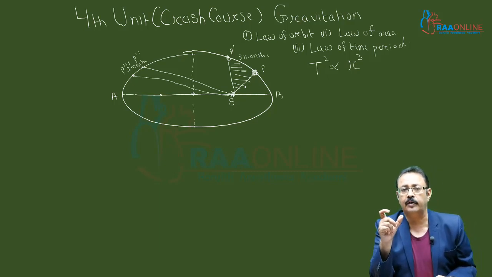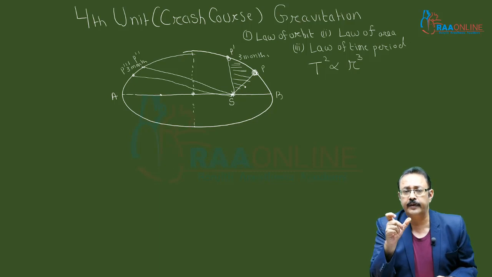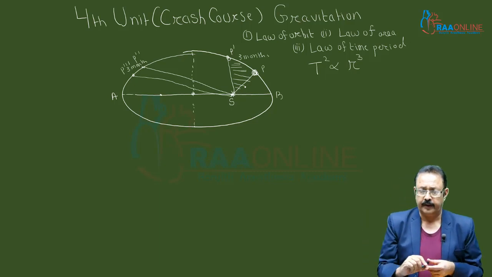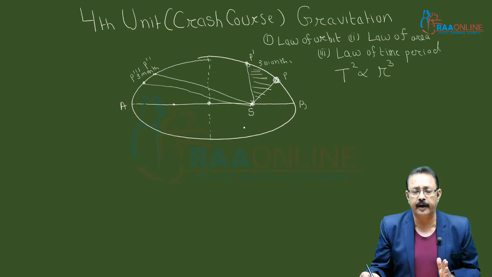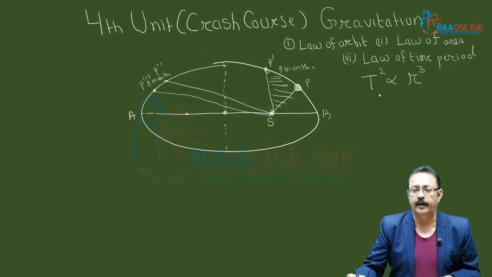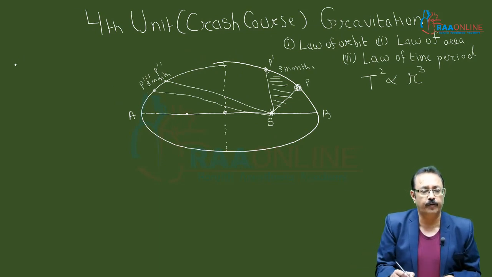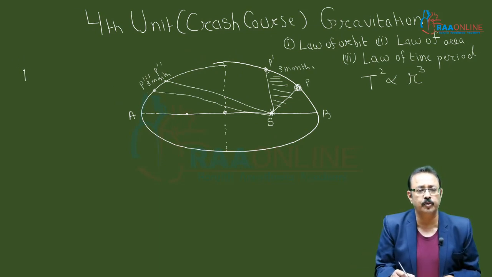After studying these laws, Newton gave his most famous law of universal gravitation. In the universe, each object is attracting another object, and the force of attraction between two objects depends upon the product of the masses of the objects, and it is inversely proportional to the square of the distance between them.